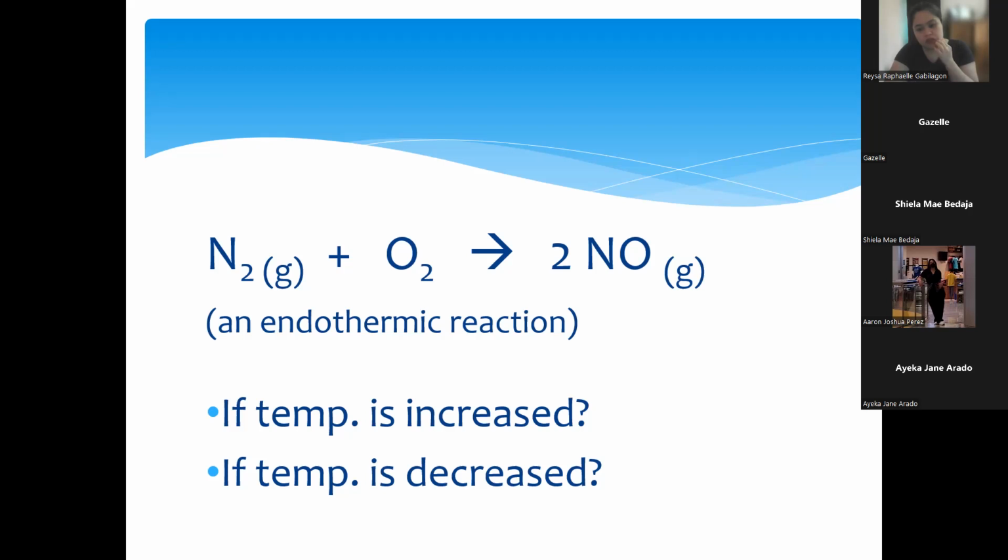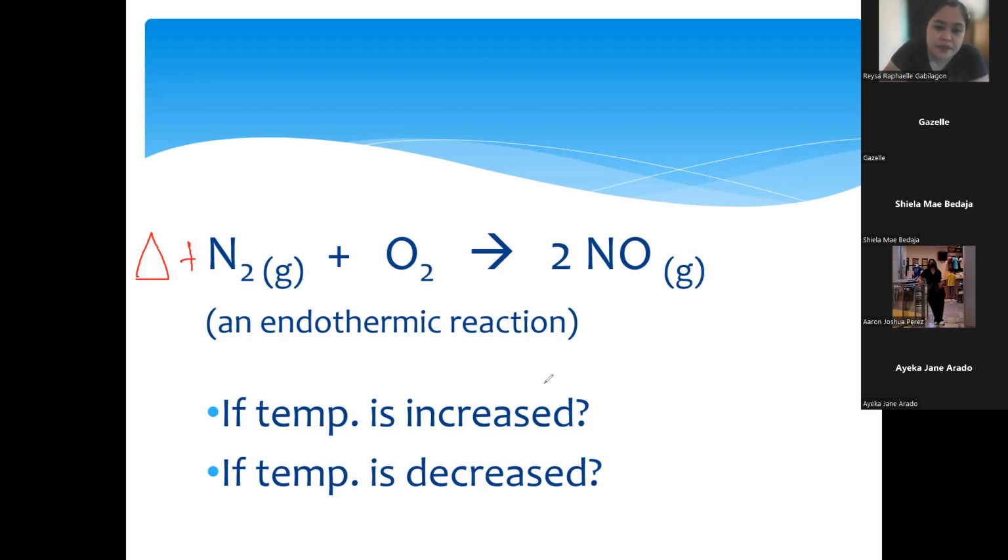Forward. Sige. So since this is an endothermic reaction, heat is located here in the reactant.